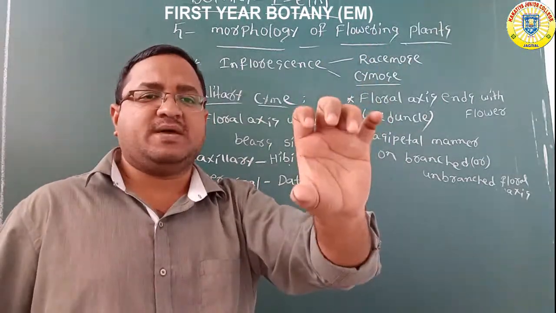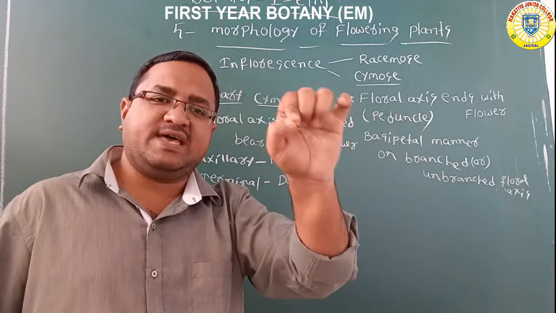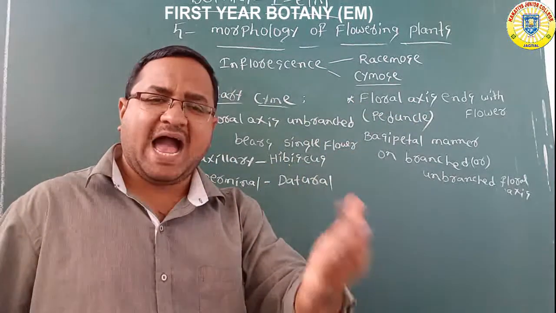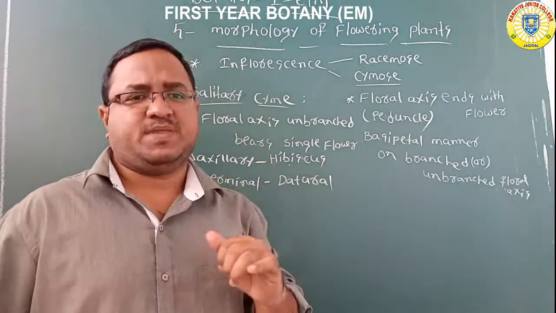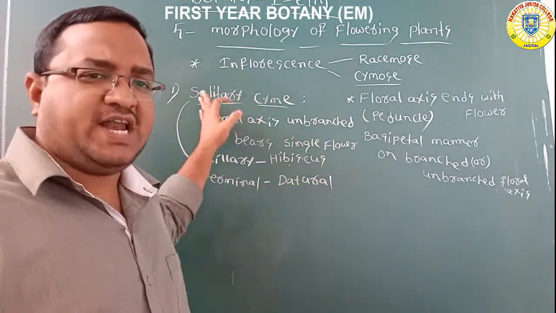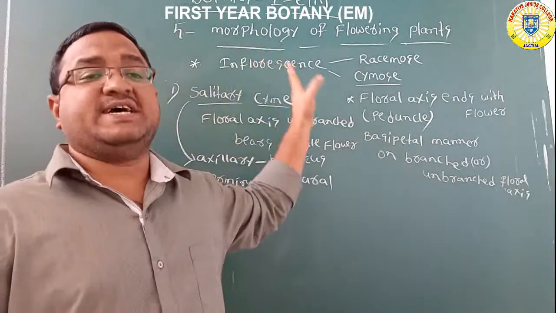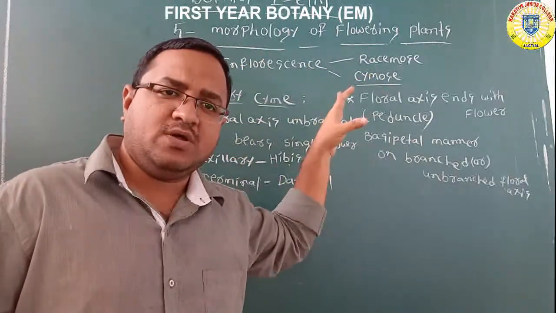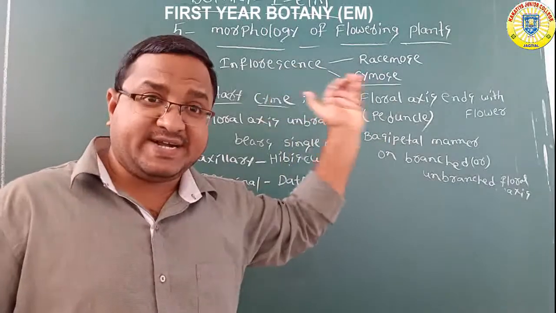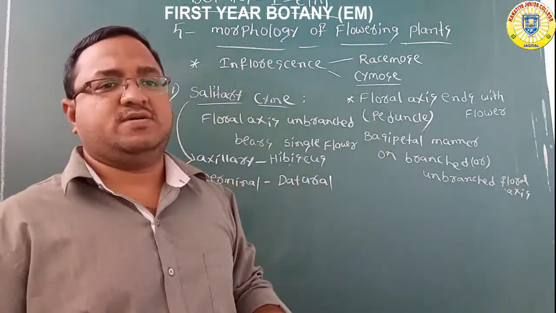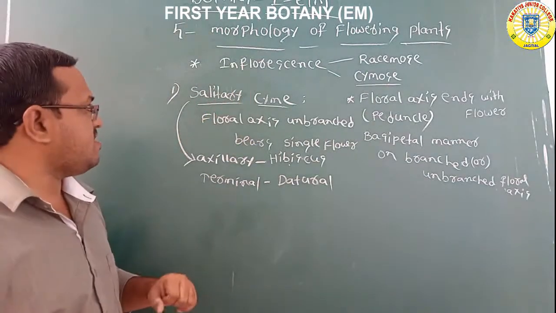If the flower is at the axil of the floral axis, that is axillary sign. So two types: solitary axillary sign and solitary terminal sign. Solitary axillary sign example is hibiscus, solitary terminal sign example is datura. Okay, so that is solitary sign.